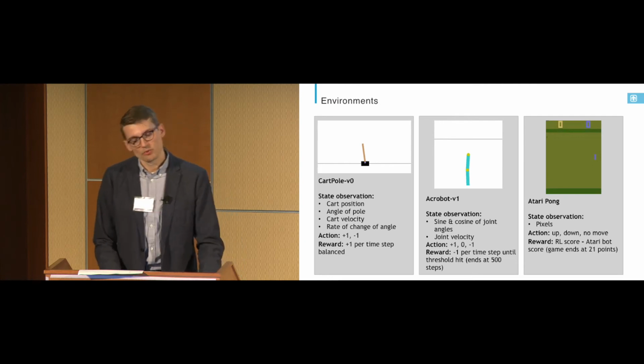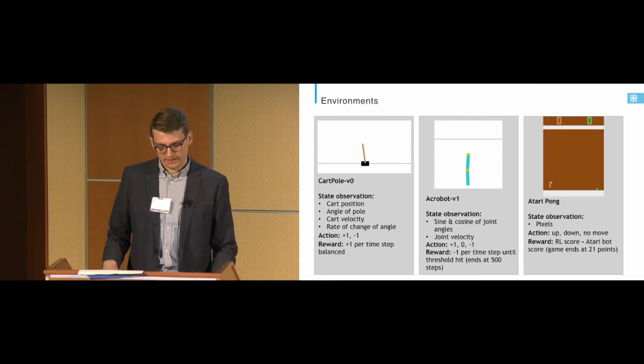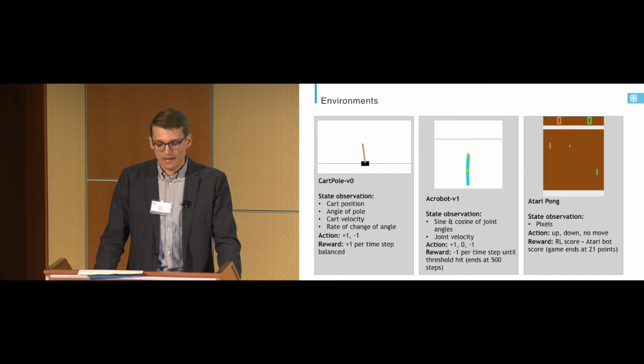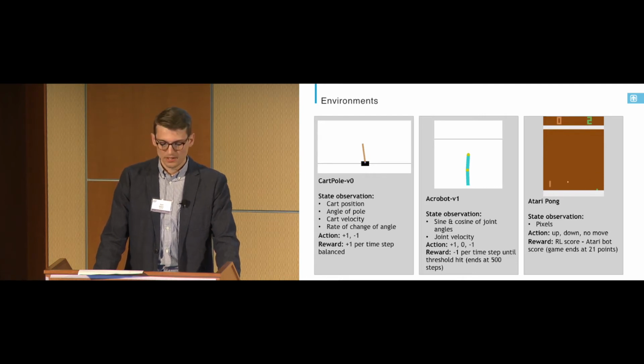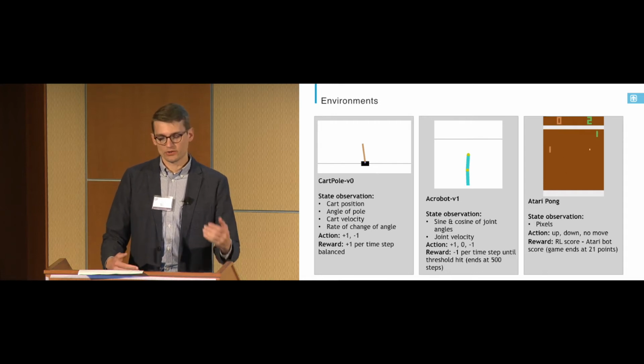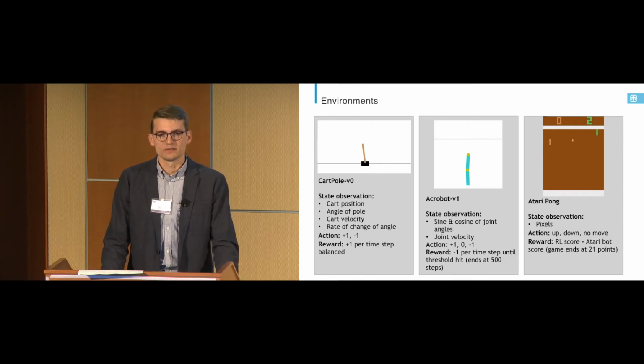Finally, we look at Pong, and I think most of us are familiar with Pong. In this situation, our state observation is quite a bit different than the other two. It's going to be pixels. This is running an Atari emulator.